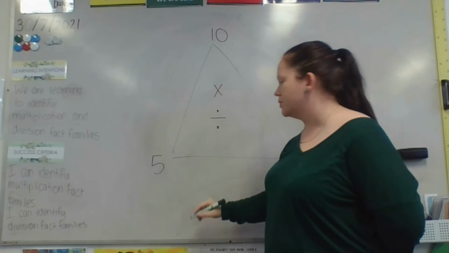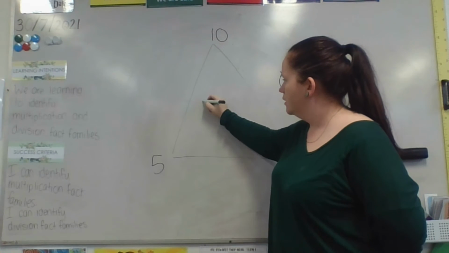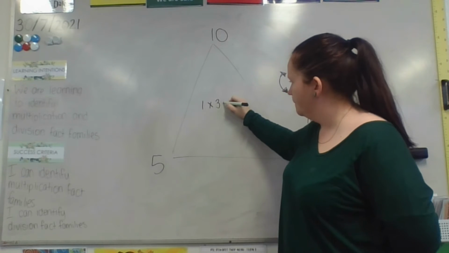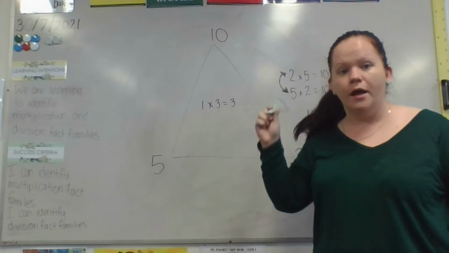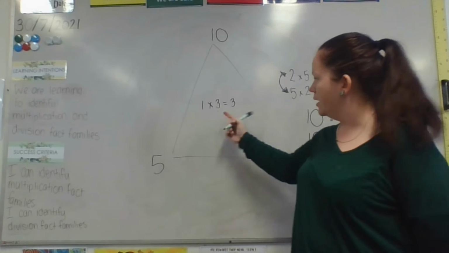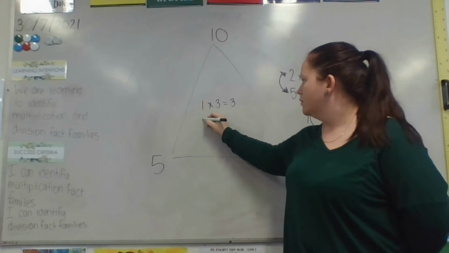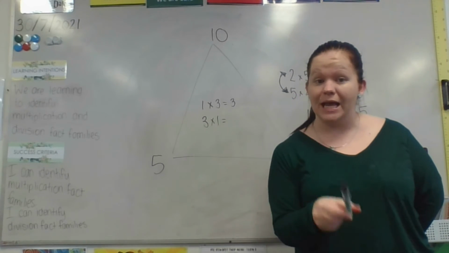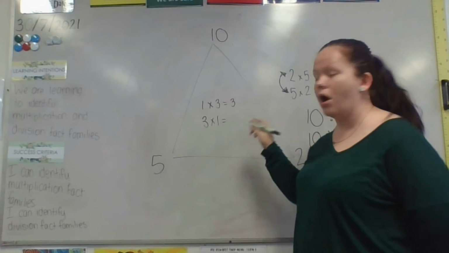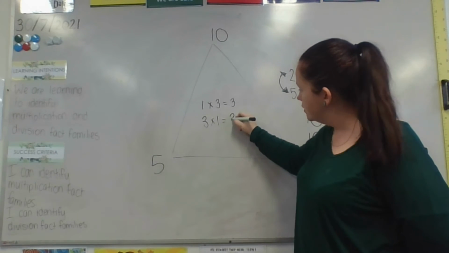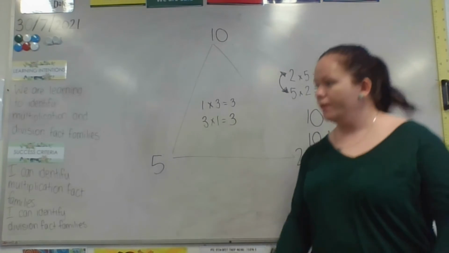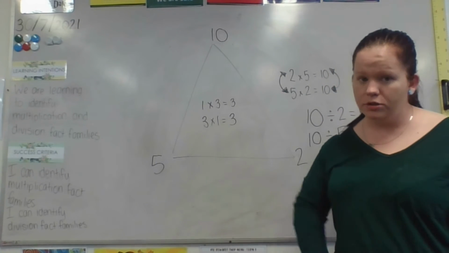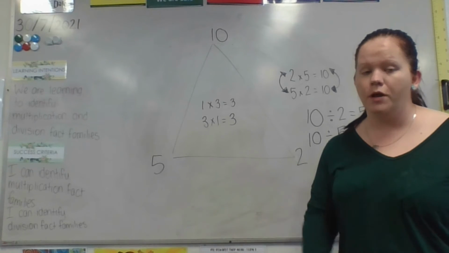So if you're answering a question and you've got 1 times 3 equals 3, in your brain, you can know that if we reverse it, 3 times 1 is still going to equal the same number. So 3 times 1 equals 3. Another example you can use is using a multiplication chart, which is the next one that I'm going to show you.